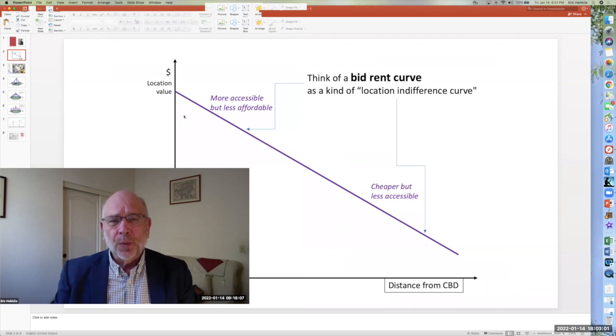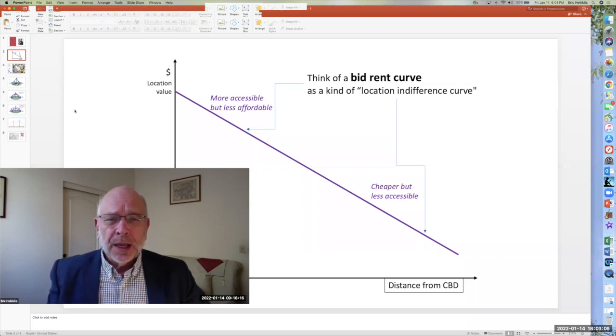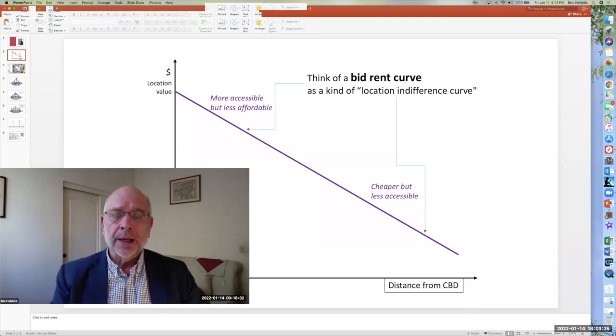And I like to encourage folks to think of the bid-rent curve as a kind of indifference curve. Right? It essentially shows the trade-off between accessibility and affordability.